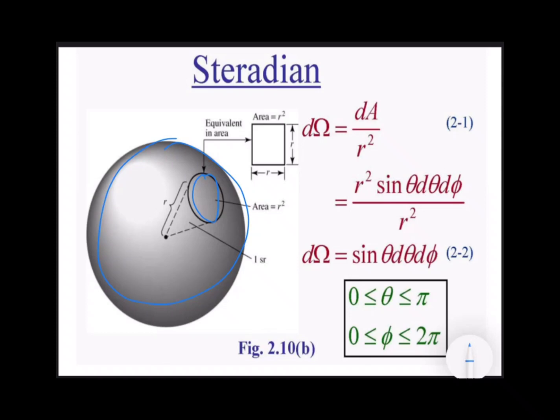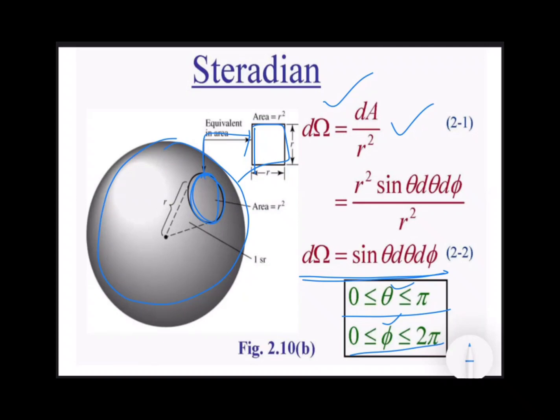You can see this is the total spherical surface, and the equivalent area is r square, which is the elemental surface. So it is expressed as d omega, that is dA divided by r square. And d omega is equal to sine theta d theta d phi in terms of angles theta and phi. Always theta lies between 0 to pi and phi lies between 0 to 2 pi.